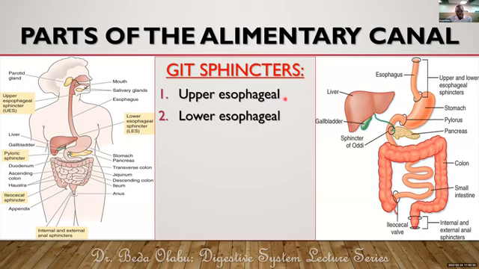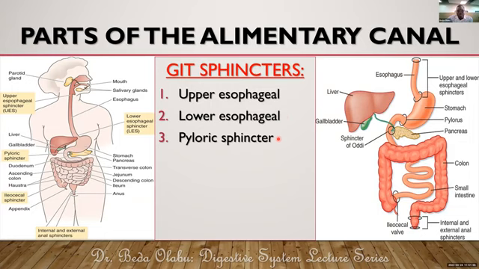The second sphincter is at the junction between the esophagus and the stomach. We call it the lower esophageal sphincter. This lower esophageal sphincter is also called the cardiac sphincter. It prevents reflux from the stomach to the esophagus.